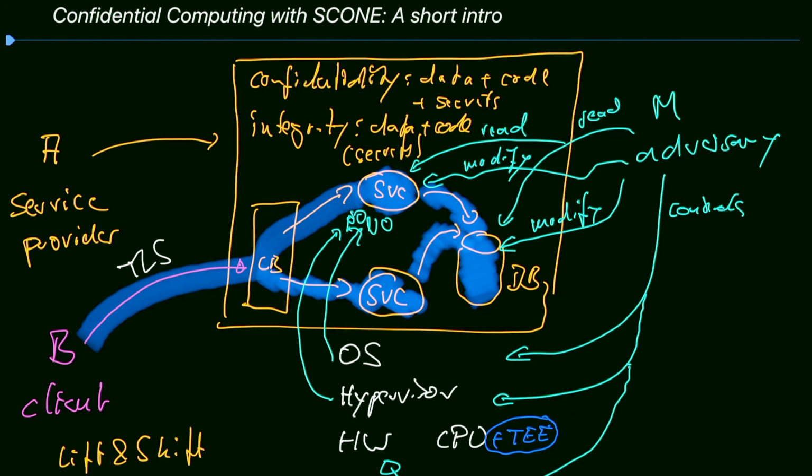And we control that in SCONE with the help of some policies. So the next screencast will show you how to actually take existing binaries, move them into enclaves, and ensure that the services know which other service belongs to the same application with the help of so-called SCONE sessions.